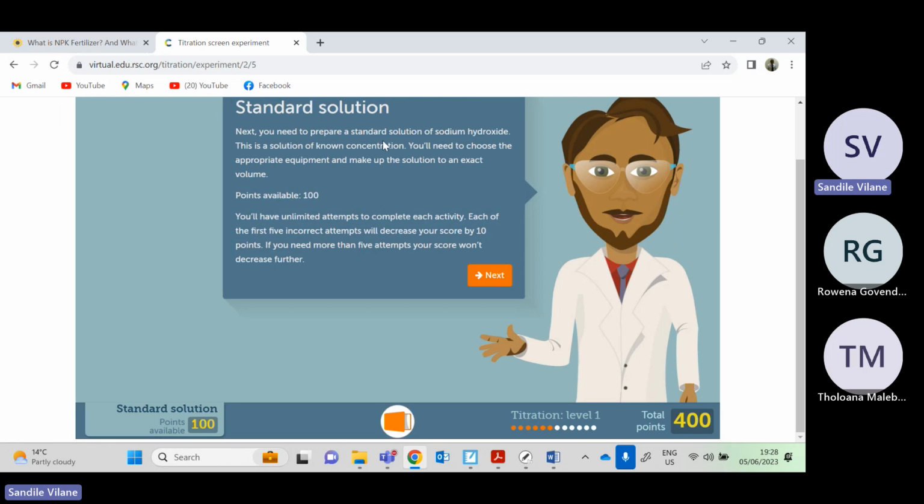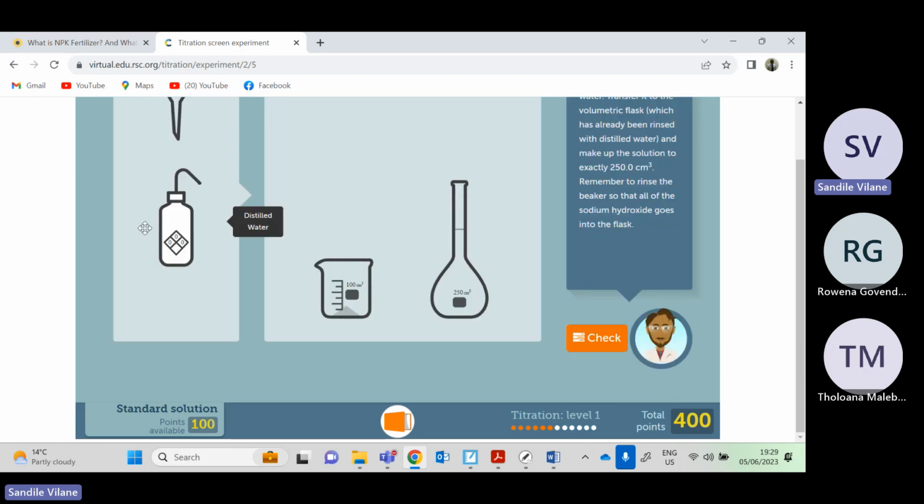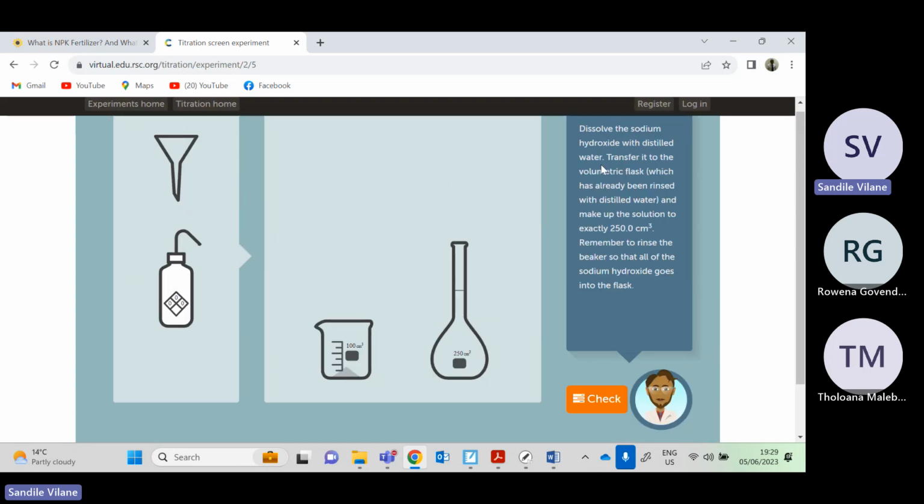Okay, we need to prepare a standard solution of sodium hydroxide. This is a solution of known concentration. You need to choose the appropriate equipment to make up the solution to the exact volume. So firstly, I'm going to add water here. Dissolve the sodium hydroxide with distilled water.